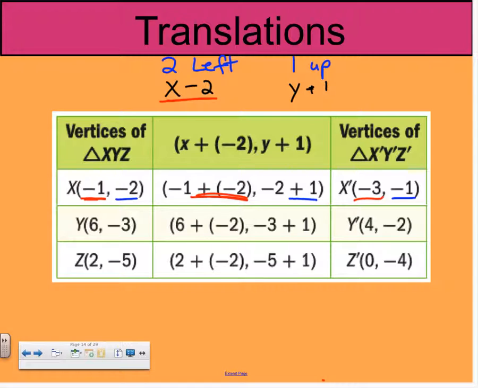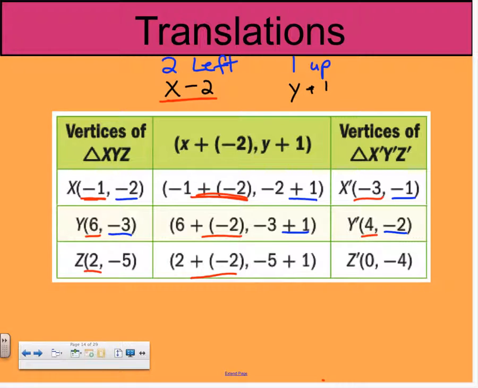And they did that for every single one of the vertices. The next x coordinate was 6. They subtracted 2. They ended up with 4. Then they had -3. They added 1 and came up with -2. Then with the last vertex, we had 2.